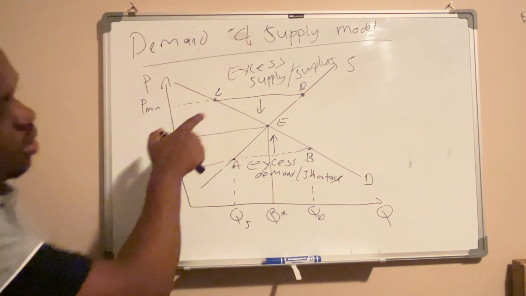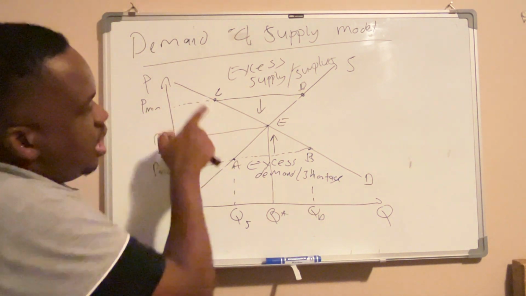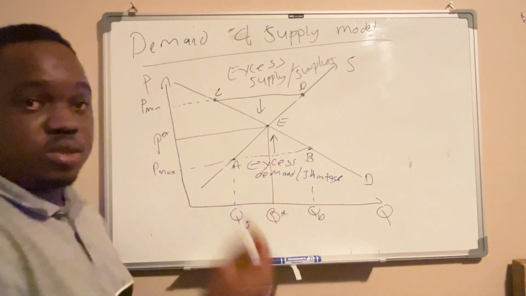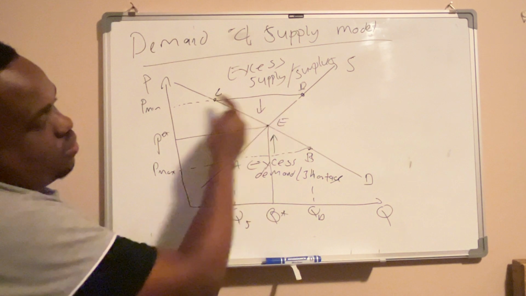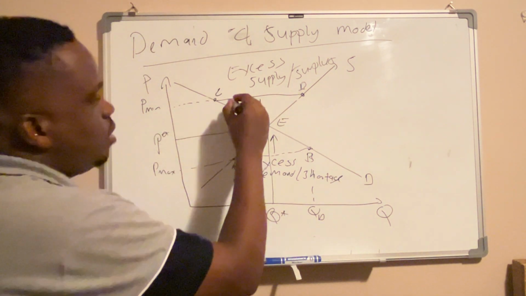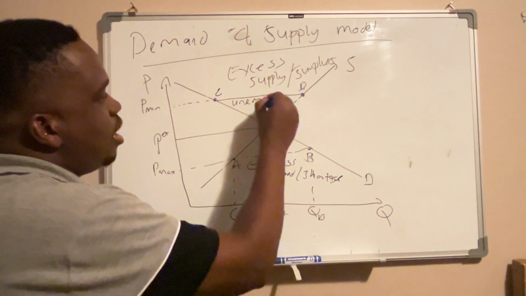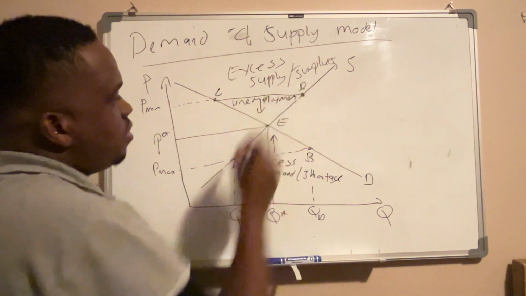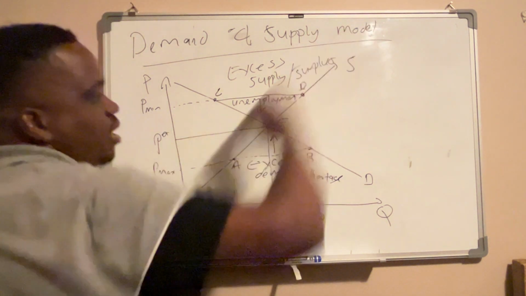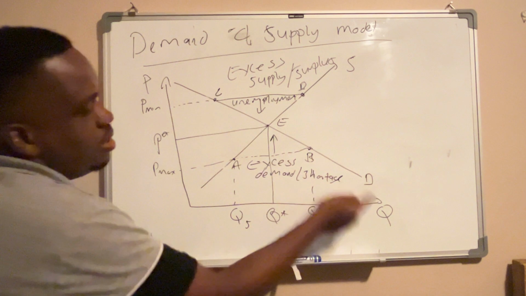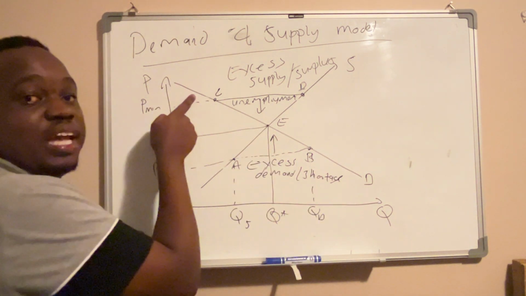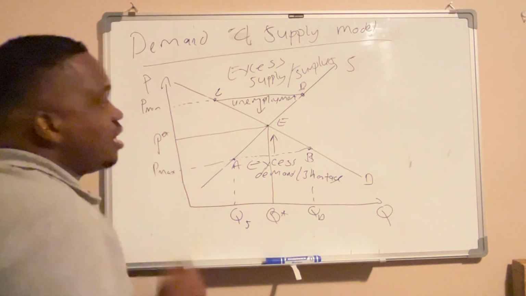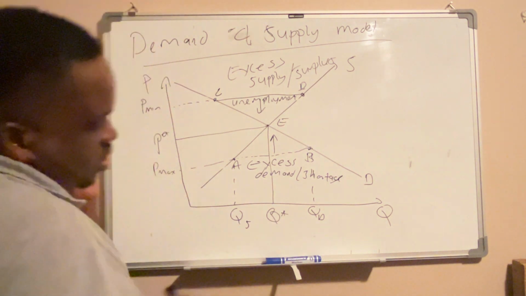But the demand for labor by the firms is now low. So this section can be called unemployment, where the total labor in the market is not demanded by the firms or the companies.